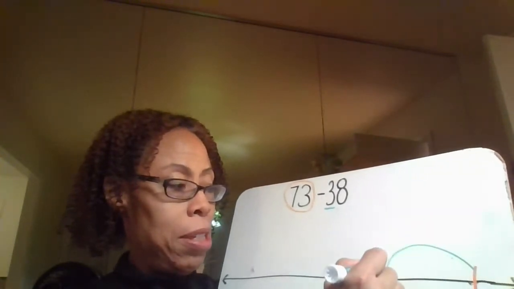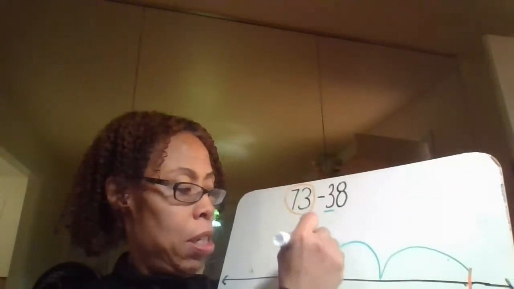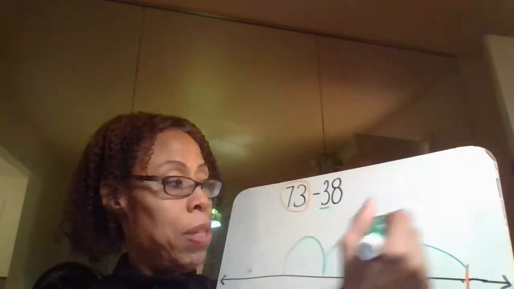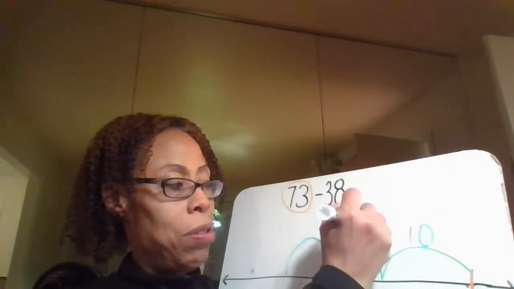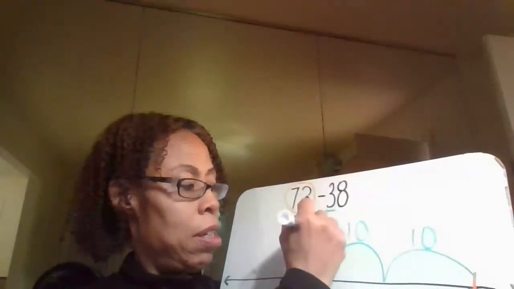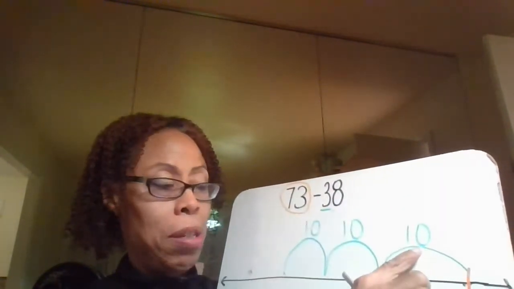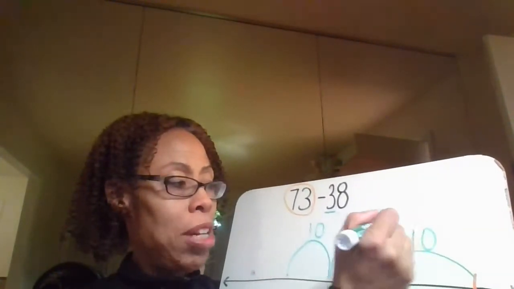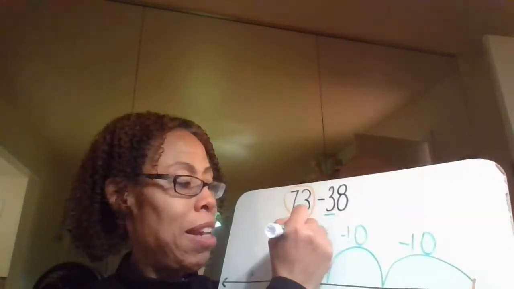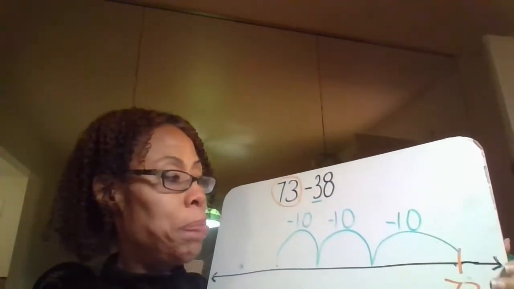That would be 10, 20, 30. So we're going to count 10, 10, 10. Let's double check. 10, 20, 30. That's equal to 30, but since we're subtracting, we're going to place a minus sign in front of them.